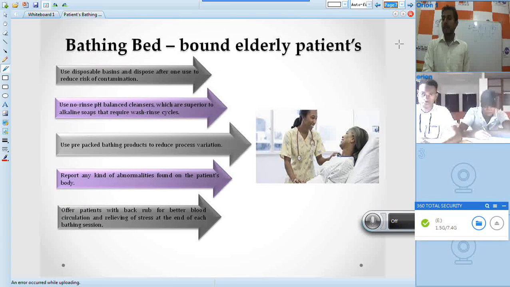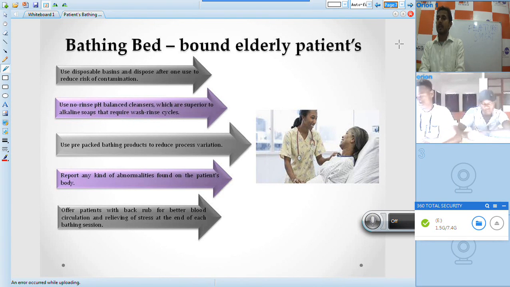For the elderly or aged patient, you need these steps while giving the bed bath. Choose disposable basins, or dispose of the basin after one use, to reduce the risk of contamination.